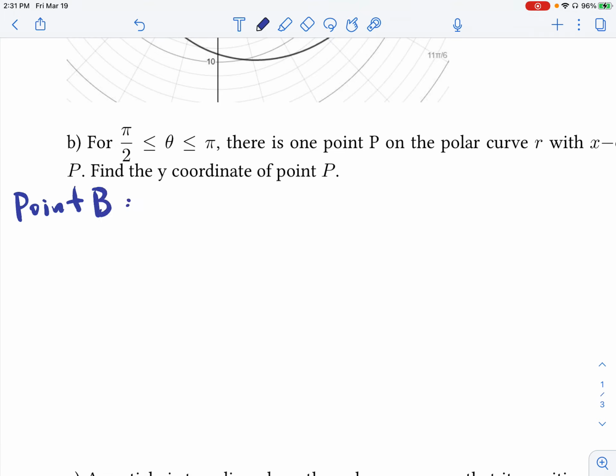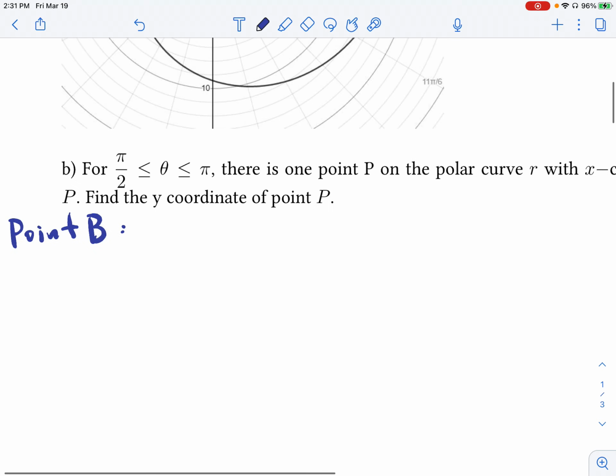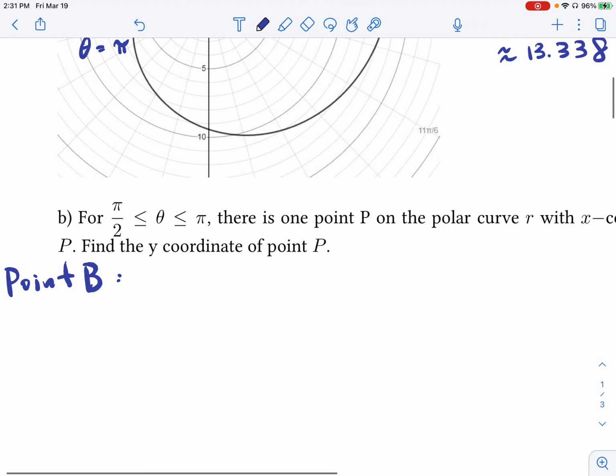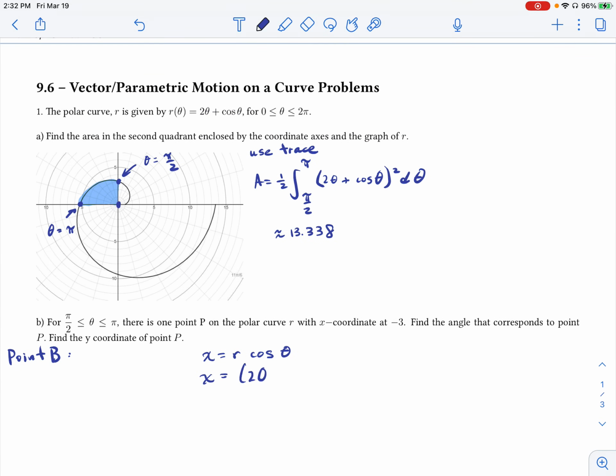We know that for this point, its x-coordinate is -3. In other words, the x equation is r cosine of theta, which means our x equation is our polar function, 2 theta plus cosine theta, times cosine theta.